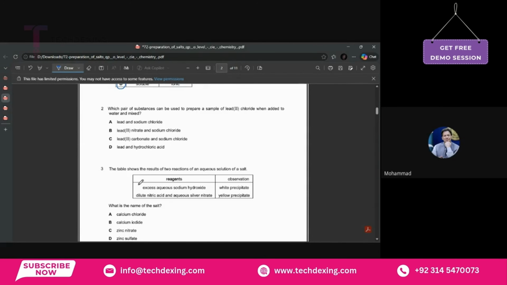Lead chloride is insoluble. Very good. So which of these pairs gives us lead chloride? Lead nitrate and sodium chloride. Very good, excellent. It's option B.